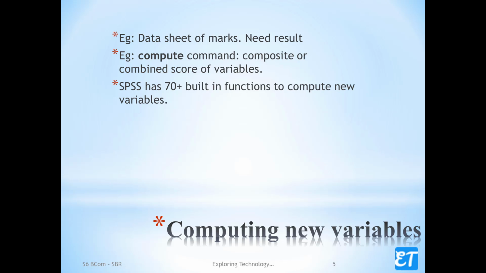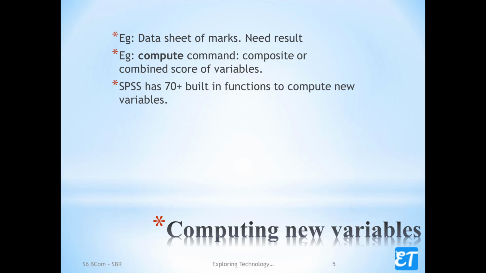Computing new variables means we may have a data set and we need to find out some result. For example, mark sheets of a number of students, and we need to find their total marks, percentage, etc. That is what we are going to compute. For doing that computation, there is the compute command, a built-in command provided by SPSS.